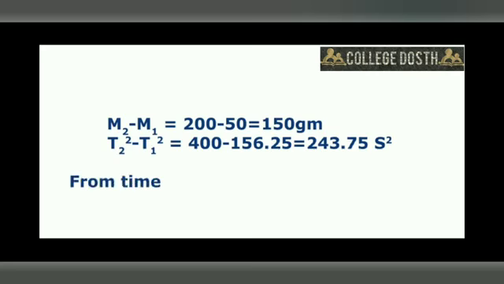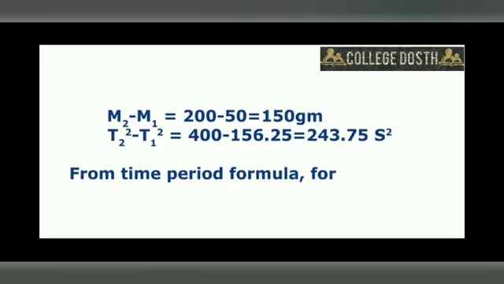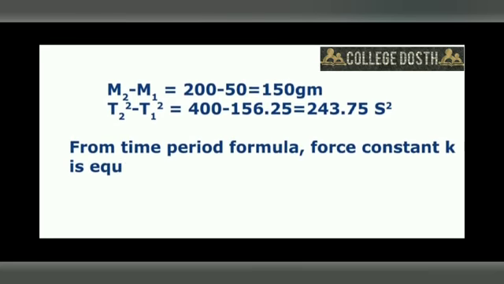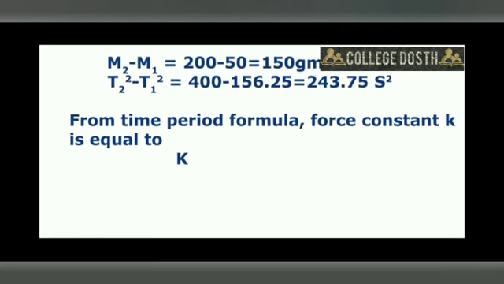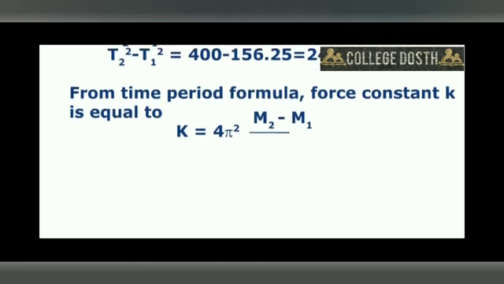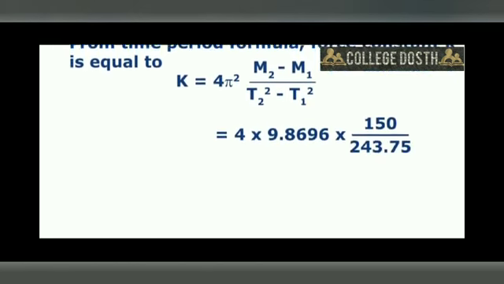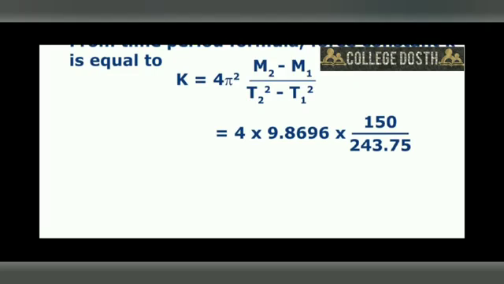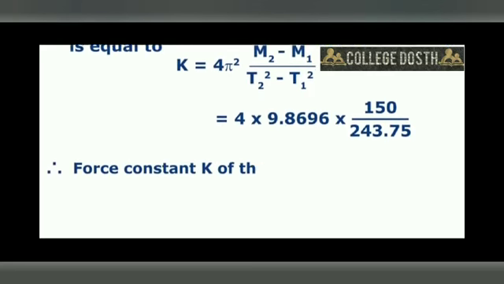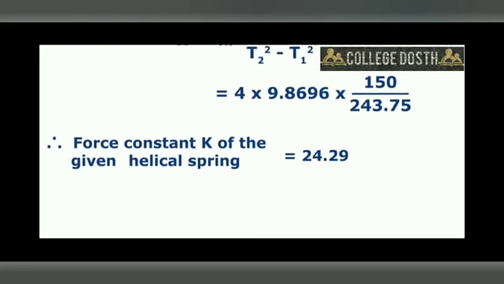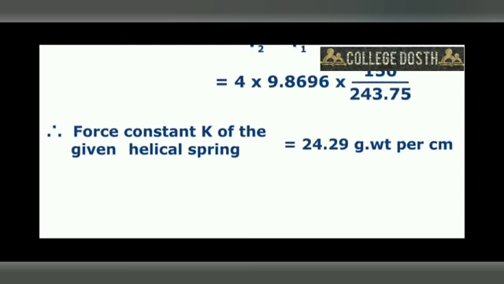From the time period formula, force constant k is equal to 4 pi square into (m2 minus m1) divided by (T2 square minus T1 square), which is 4 into 9.8696 into 150 divided by 243.75. Therefore, the force constant k of the given helical spring is equal to 24.29 gram weight per centimeter.